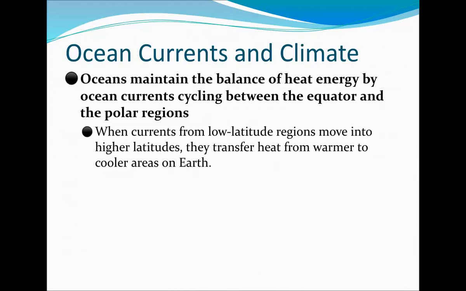Hot, warm, hot. And near the polar regions, it's going to be cold, frigid. So when currents from the low latitude regions move into higher latitudes, they transfer heat from warmer to cooler areas on Earth. So they're going to transfer from the equator toward the poles.